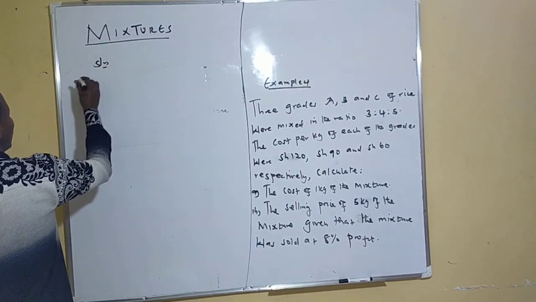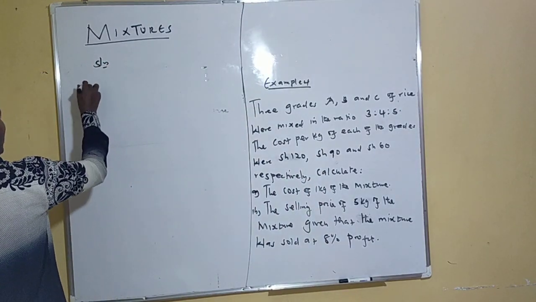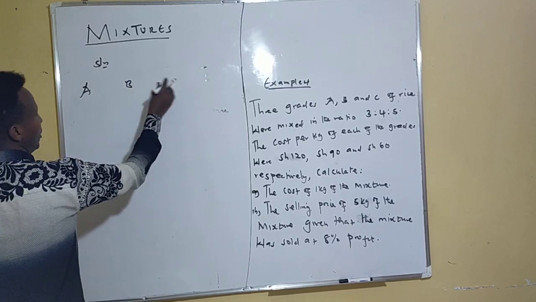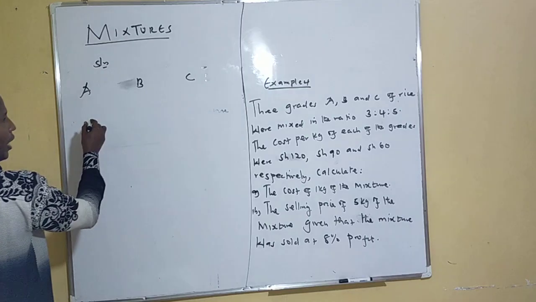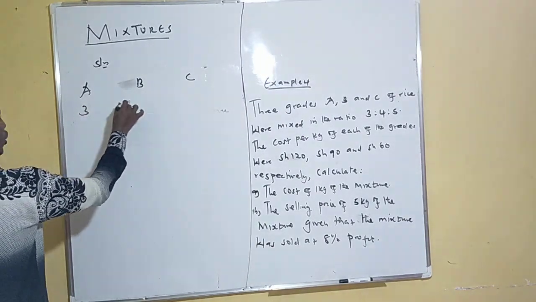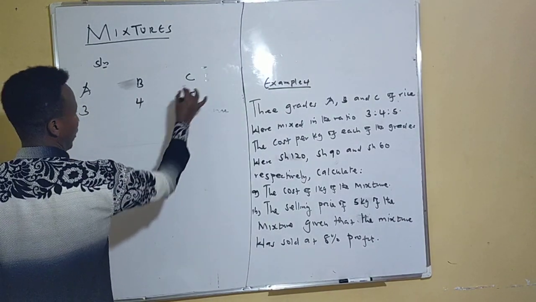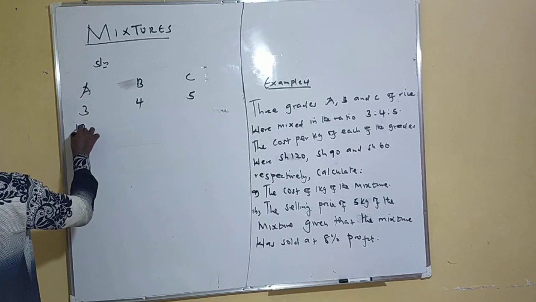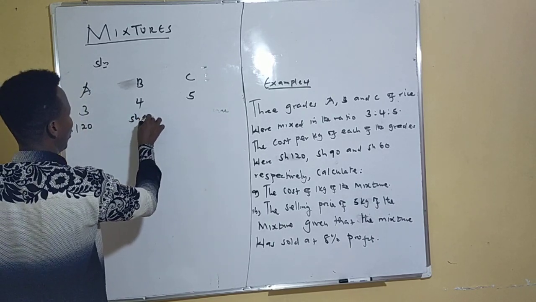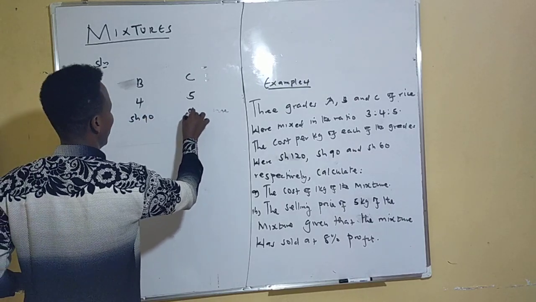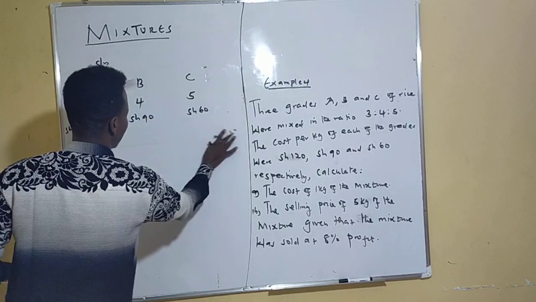So we have 3 grades A, B, and C. The ratio is 3, 4, and 5. Here we have shirin 120, here shirin 90, and here shirin 60. Just understand that.